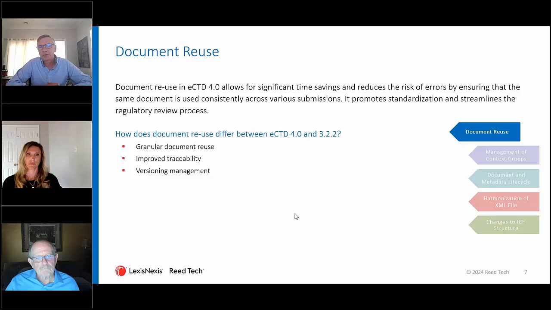So a lot of those challenges we didn't necessarily see with 3.2, as in most content across submissions and applications tended to be copies. Whereas here, since you have the ability to reference those files by ID, you really end up having to do a little bit more due diligence on the front side of managing your content.